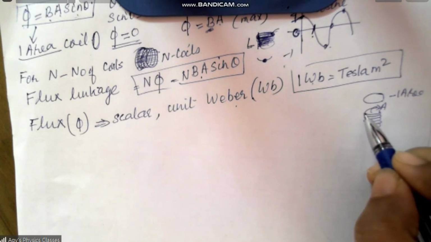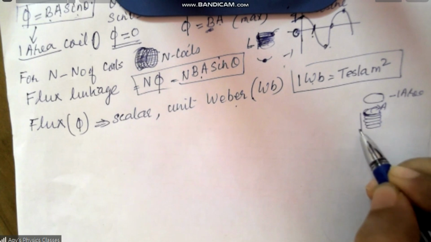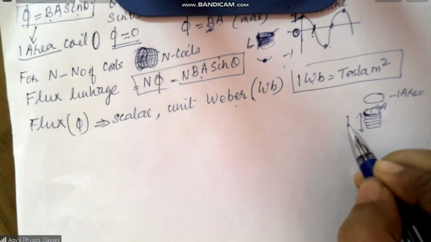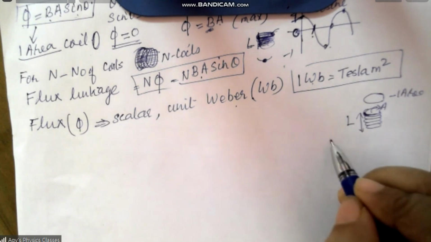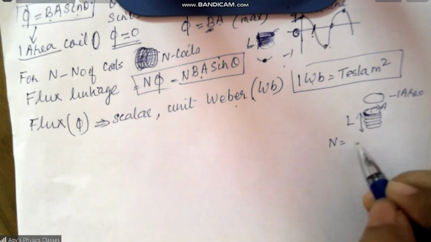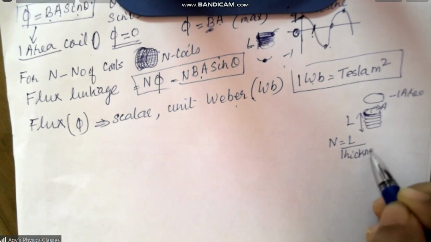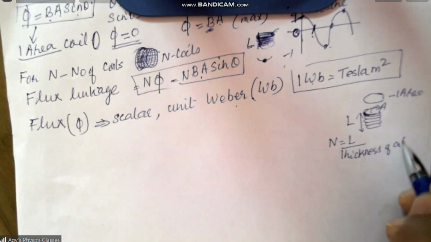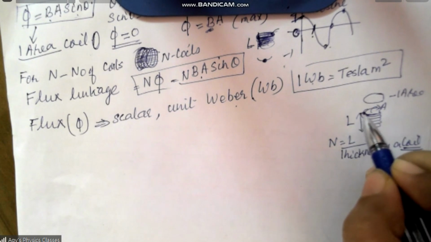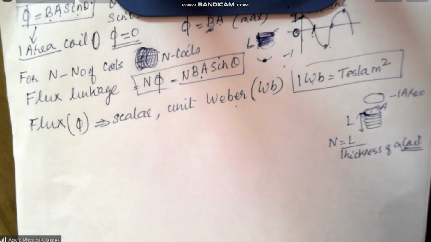If you know the total length L, then N is equal to total length divided by thickness of a coil. Thickness means this thickness of a coil.